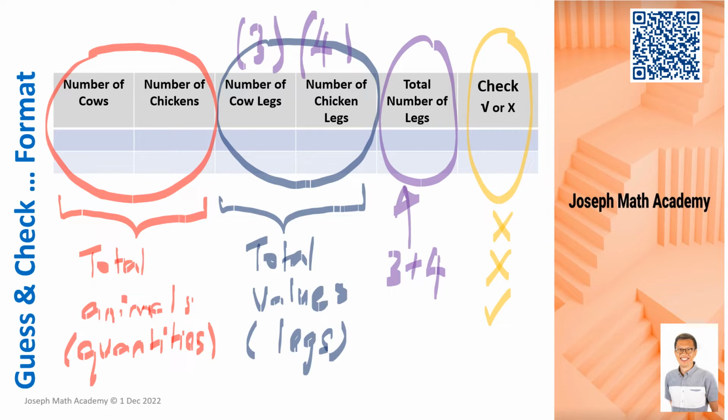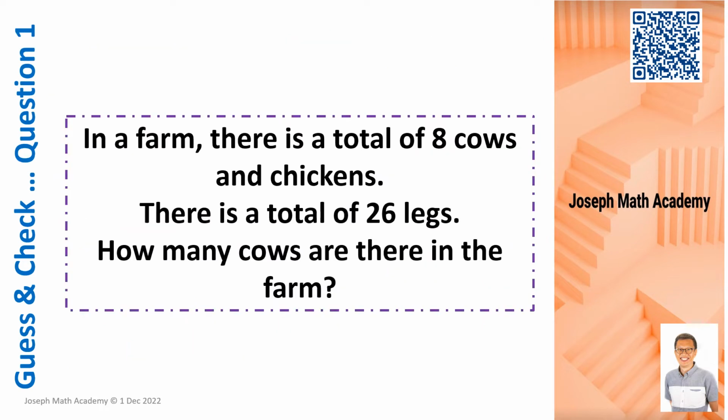To illustrate this even better, I will give you an example. Let's take a look at question number 1. In a farm, there is a total of 8 cows and chickens. So this number 8 refers to the total quantities.